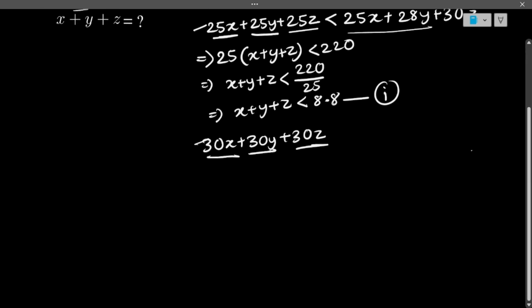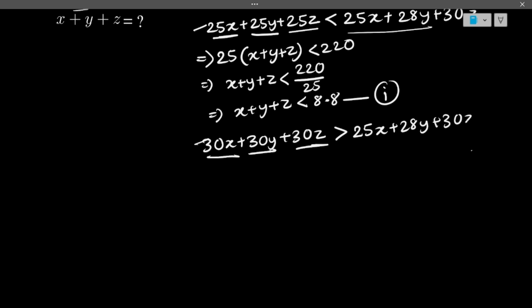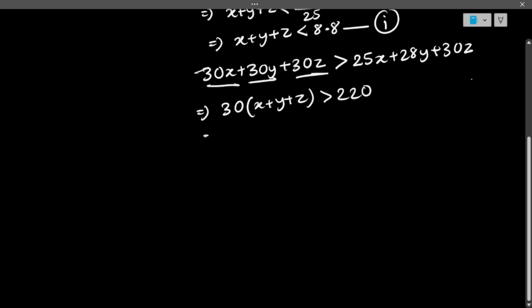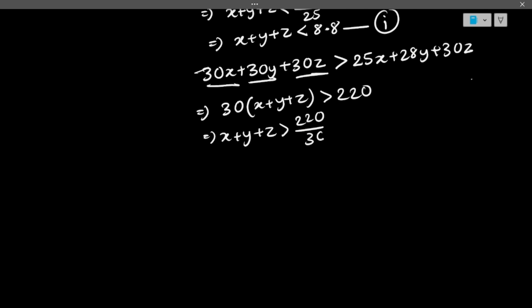So this whole quantity will be greater than 25x plus 28y plus 30z. Okay, so from here we can take 30 common. So x plus y plus z will be here, and it is greater than 220. So we can say that x plus y plus z is greater than 220 divided by 30.